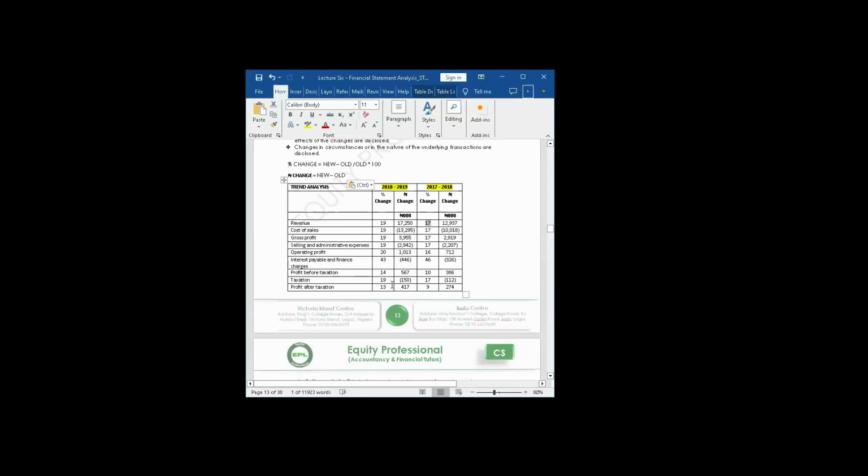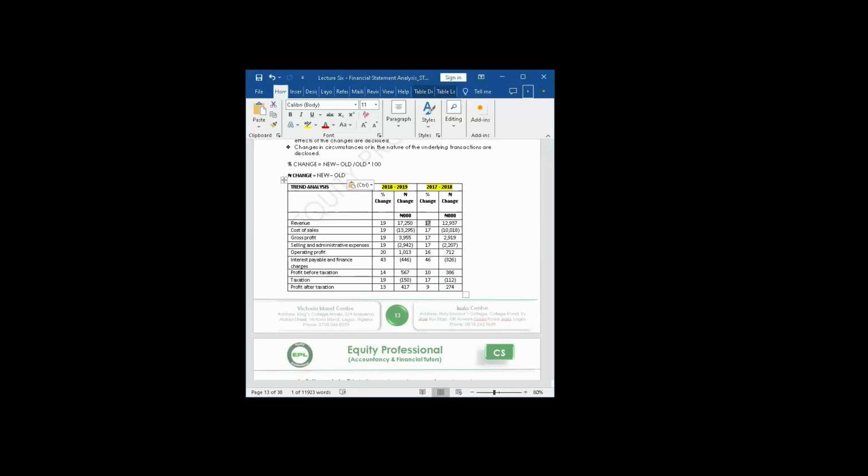And the 2019 revenue minus 2018 revenue will give us 17.2 million naira, which is just a 19% change. So that is 19% growth in revenue, and this is 17% growth in revenue, and that is what we have done here.